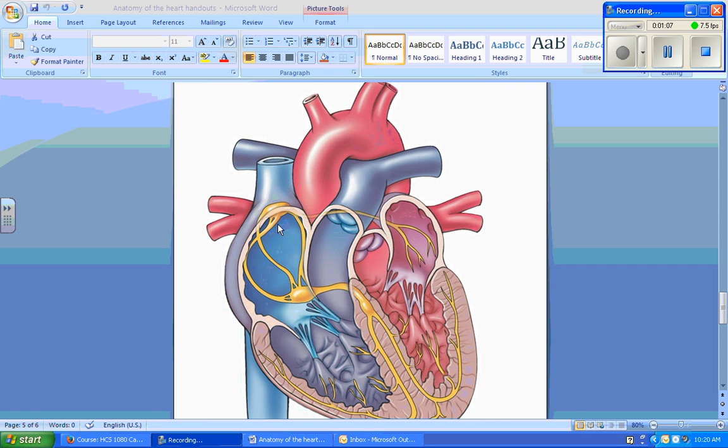The sinoatrial node is essentially what's called the primary pacemaker of the heart. It's what sets off the whole cascade and series of the cardiac cycle. That sinoatrial node, upper posterior wall of the right atrium, is where the origination of the signal comes.